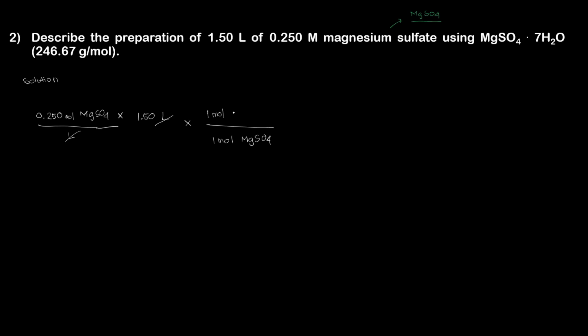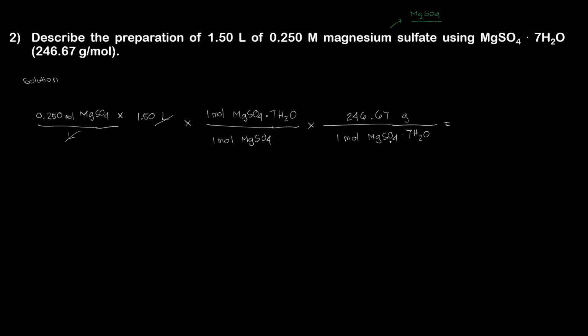Typically this is always a 1-to-1 ratio. Then, using the molar mass, we can calculate the grams needed to weigh for the magnesium sulfate hydrate.